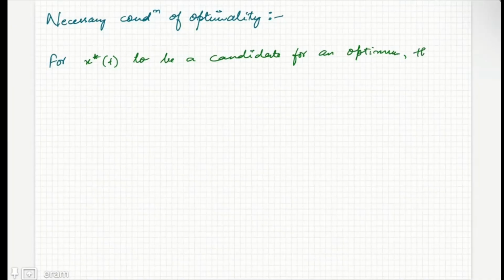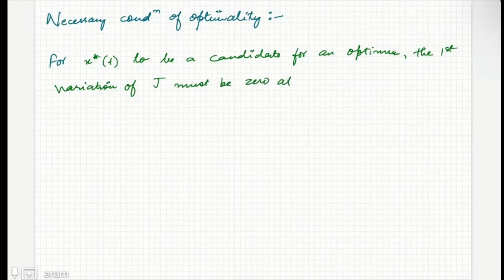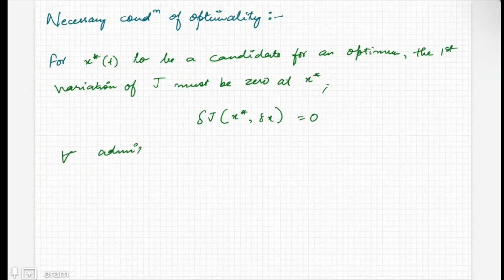So the first variation of j must be 0 at that point x star, so the variation of j, delta j at x star, should be 0 for all admissible values of delta x of t.